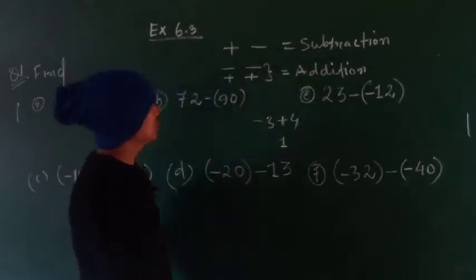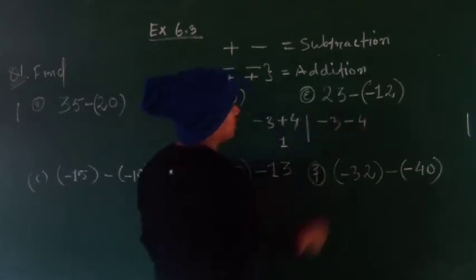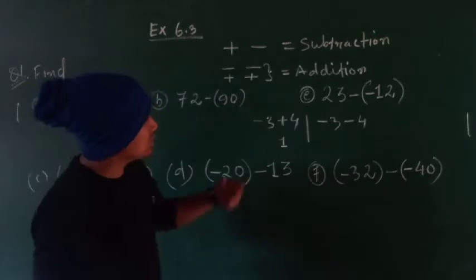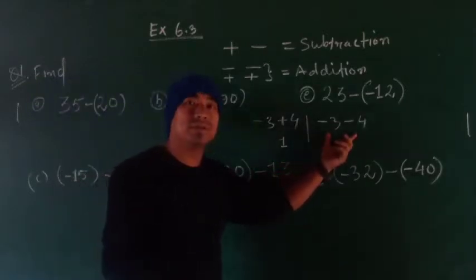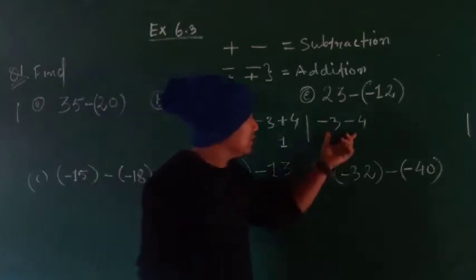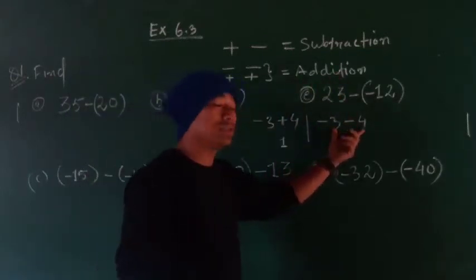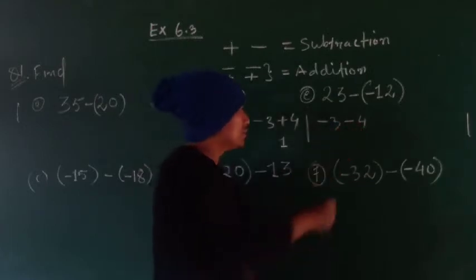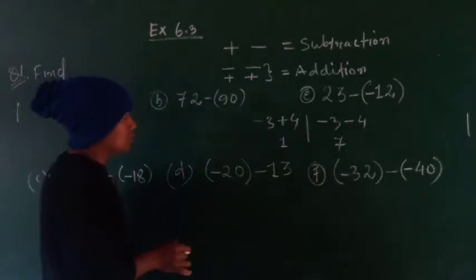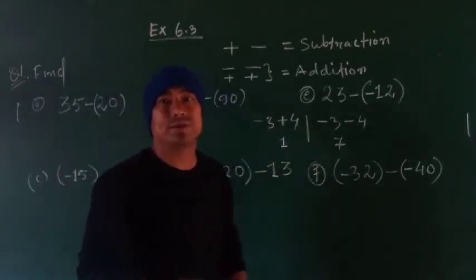And if it is minus 3 minus 4, both are negative, and when both integers are negative, we do addition of the integers. So 3 plus 4 will be equal to 7. Now, one more important thing: the sign will be assigned to that result.